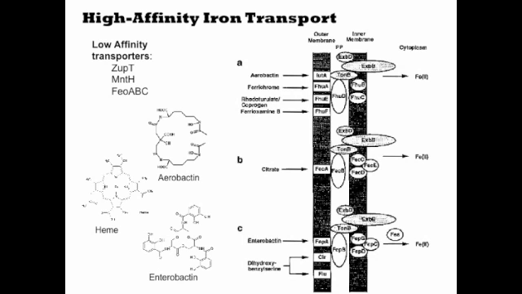Enterobactin is considered, though, like the Rolls-Royce of the high-affinity iron transport world, in the sense that enterobactin has really high affinity. This is something, I believe, 10 to the minus 15th molar affinity. If you're not transferrin, I think it's, I want to say 10 to the minus 12th affinity. So this can pull iron out of transferrin. Enterobactin is something like 10 to the minus 20th affinity.